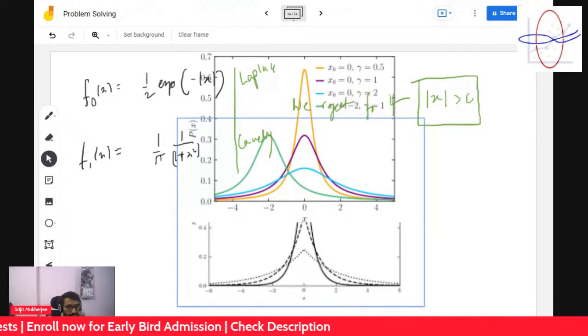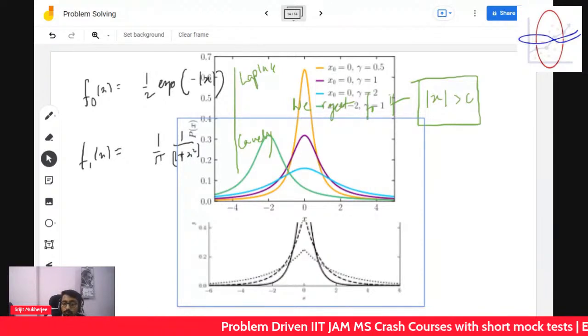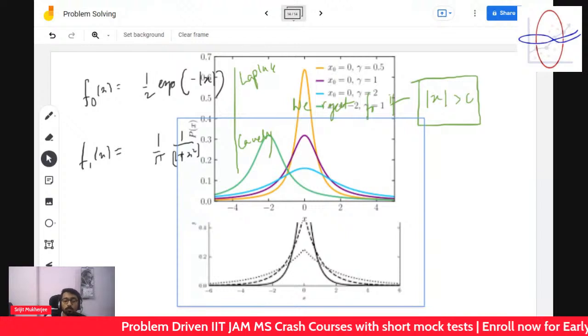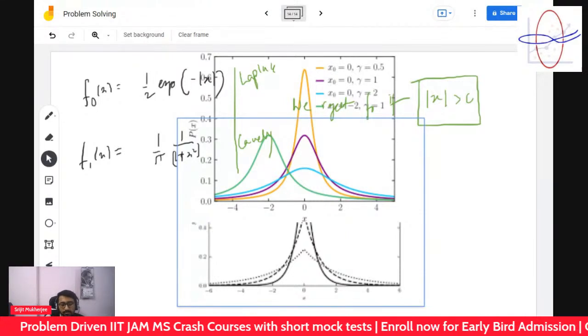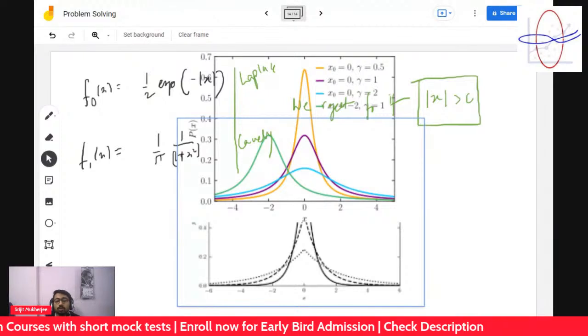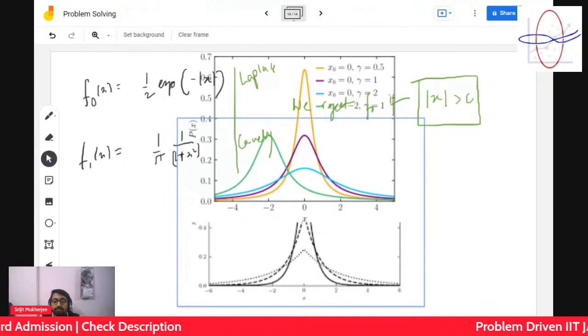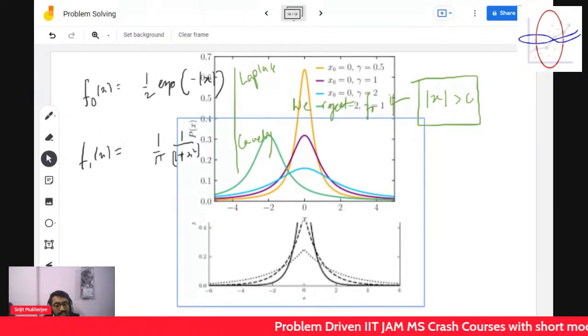But the expectation of x square is infinity. Do you know that for Cauchy the variance is infinity? Mod x is most probably not infinity, as far as I remember. But do you know that Cauchy has infinite variance? Standard Cauchy has infinite variance.